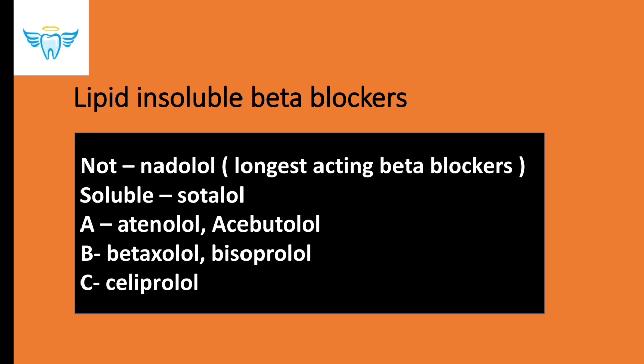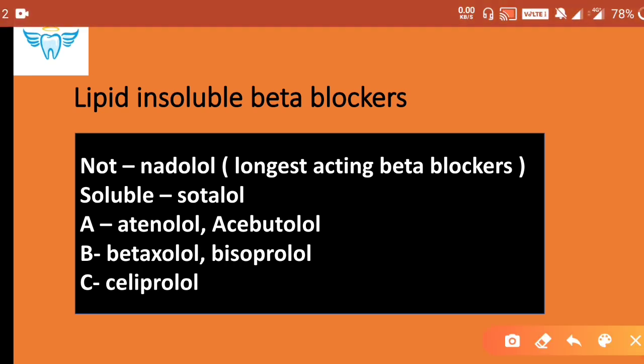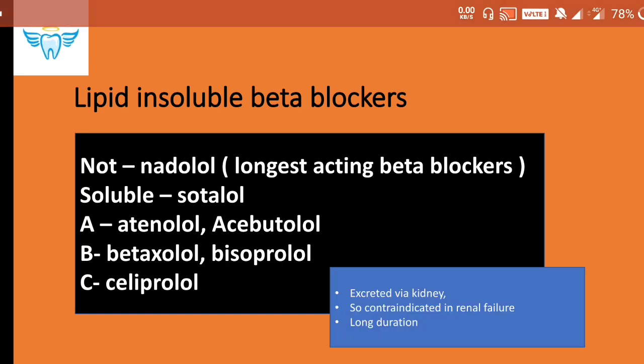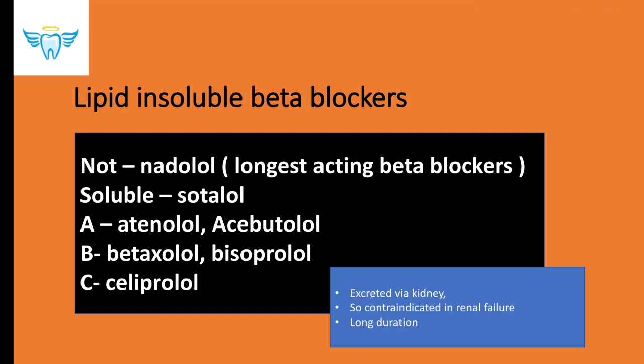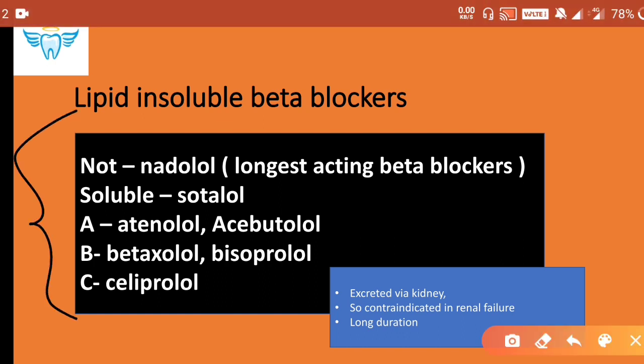Now, lipid insoluble beta blockers, okay? So for which we have a mnemonic, which is not soluble ABC. So this group of drugs, they are lipid insoluble and they are excreted via kidney, so they are contraindicated in renal failure, okay? And all this group of drugs have an extensively long duration of action.